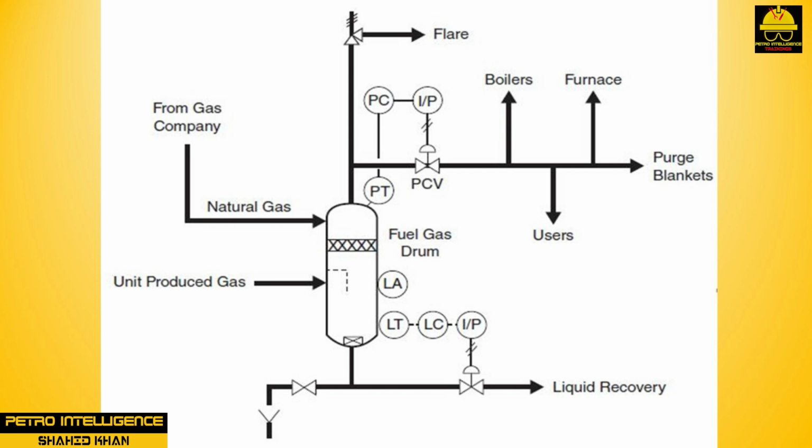Natural gas is used to supplement the fuel gas produced at a unit in order to meet furnace and boiler demands. Natural gas is also used as a purge medium in unit startup and shutdown. Fuel gas generally consists of plant-produced process gas that is augmented with purchased natural gas to satisfy the unit's energy demand.